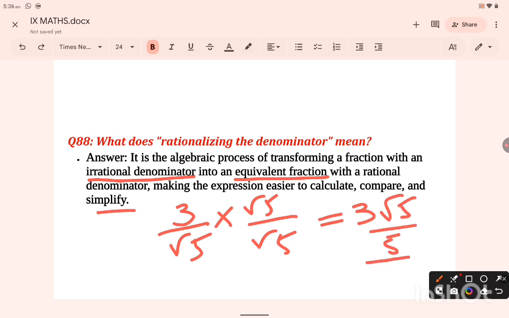Here 5 is rational. In 3 by root 5, the denominator root 5 is irrational. When we rationalize the denominator, it gives 3 root 5 by 5. Here the denominator 5 is a rational number.